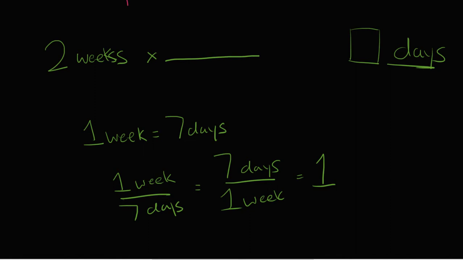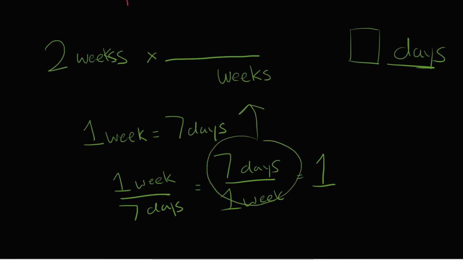If you have something on top and you want to get rid of it, you put it on the bottom, right? Because when I multiply out, things are going to cross out. So I know I want to get rid of weeks, so I'm going to put weeks on the bottom like this, right? Now I'm going to find a ratio that has weeks on the bottom, which essentially is this one. I'm going to use this ratio right up here.